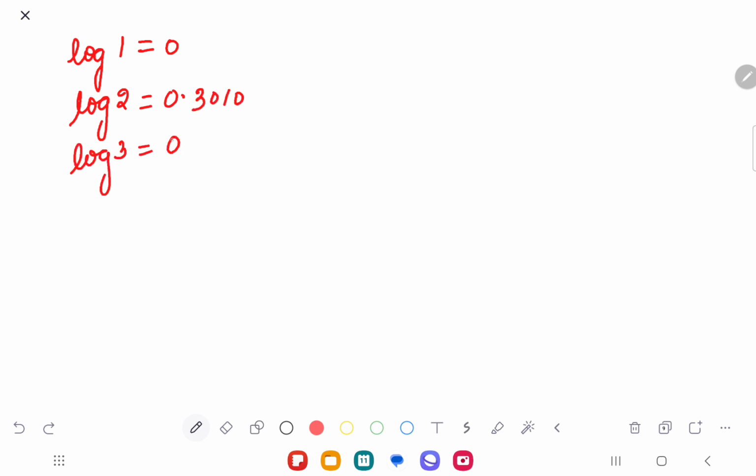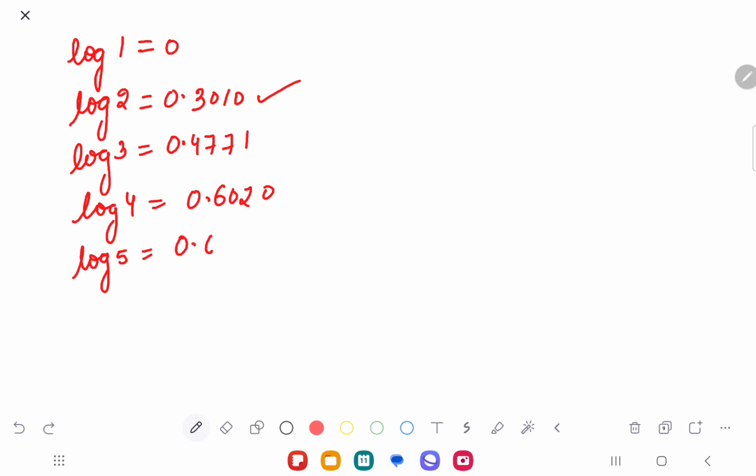Log 3 we know as 0.4771. Log 4 is going to be double of this, that is 0.6020. And log 5 shall be 0.6990. Log 6 is basically 2 times 3, so log 2 plus log 3, that shall become 0.7781.